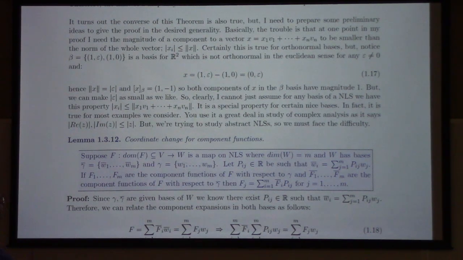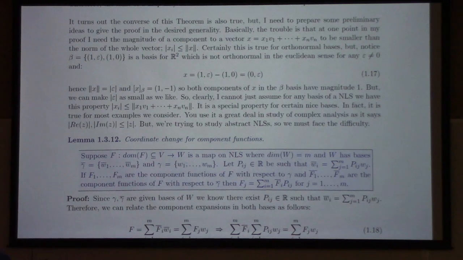But in principle, you could think about, here's a basis for R2: (1, epsilon), (1, 0). Those are linearly independent. It gives you a basis. But if you look at this, x is equal to (1, epsilon) minus (1, 0), well, that gives me (0, epsilon), right? So the Euclidean norm of x is just epsilon, if epsilon's positive.